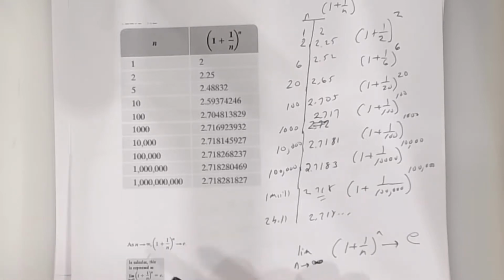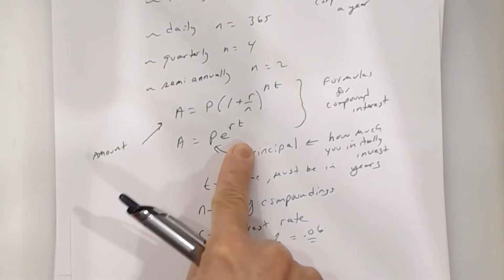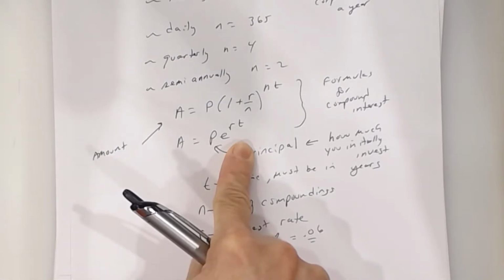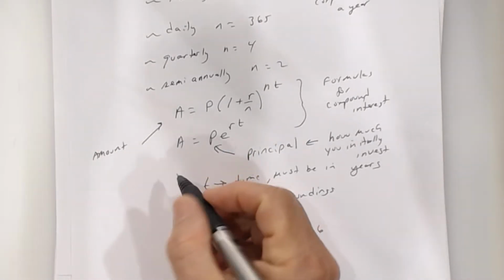So we said as n goes to infinity, this expression goes to what? E. And that is what you're going to use if you're told that the number of compoundings is compounded continuously.